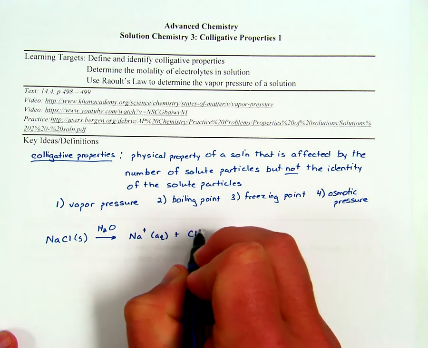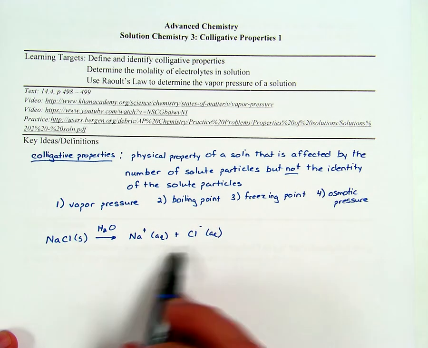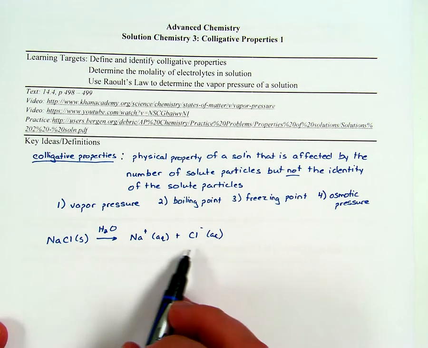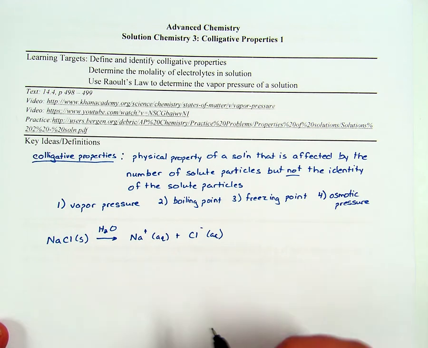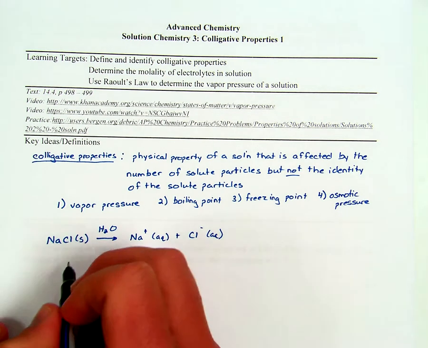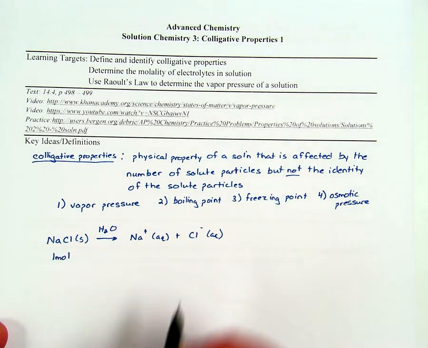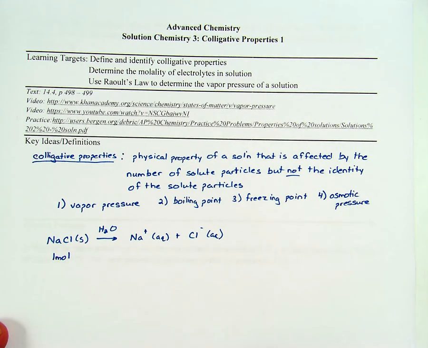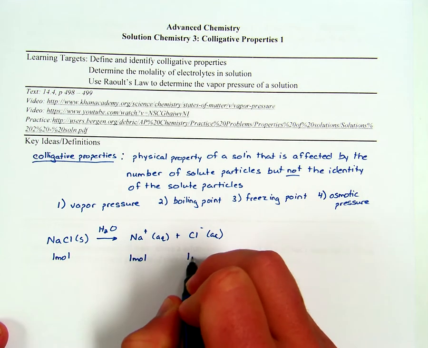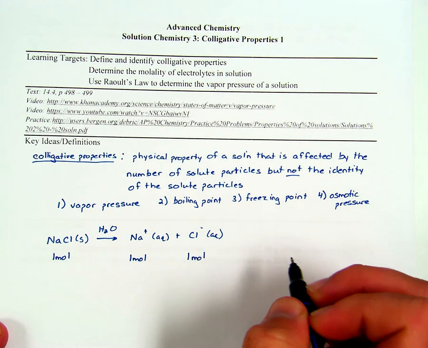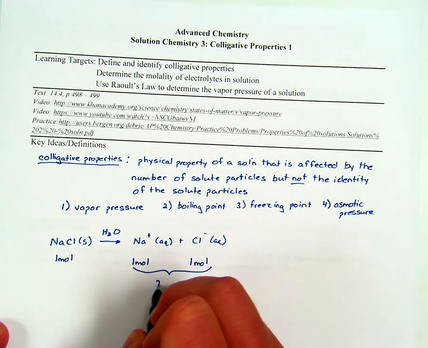So if we look at sodium chloride, we're going to get 2 particles dissolved for every 1 particle that we place into it. Let's say we had 1 mole of sodium chloride that we dissolved into water. We are going to get 1 mole of sodium ions and 1 mole of chloride ions. In other words, 2 moles total of particles.